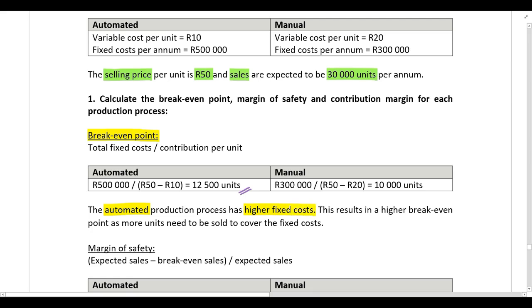This results in a higher break-even point as more units need to be sold to cover the fixed costs. So from this calculation, we can conclude that the automated production process is more risky and the manual production process is less risky.